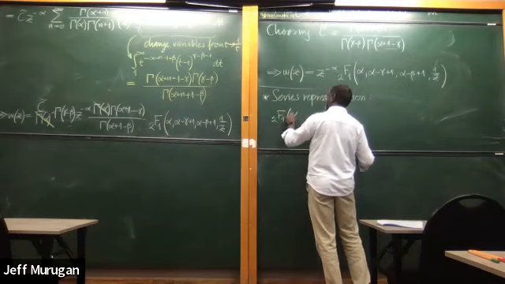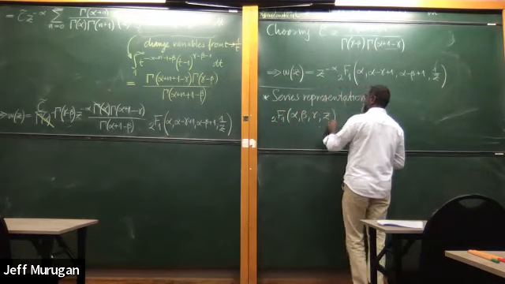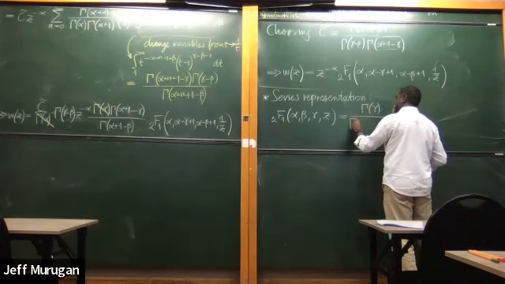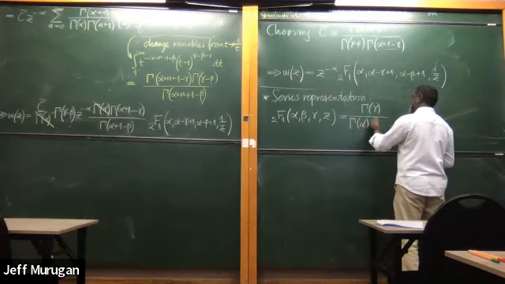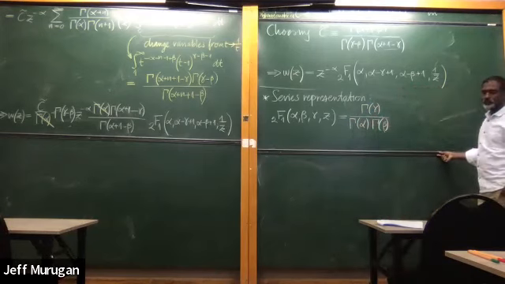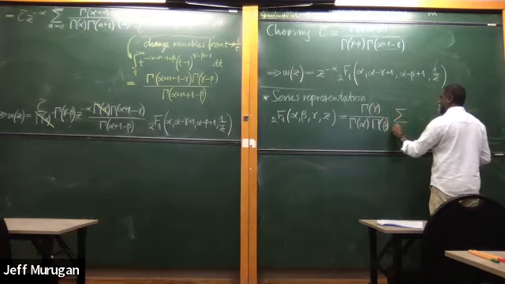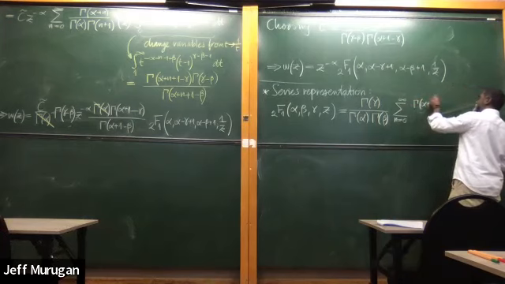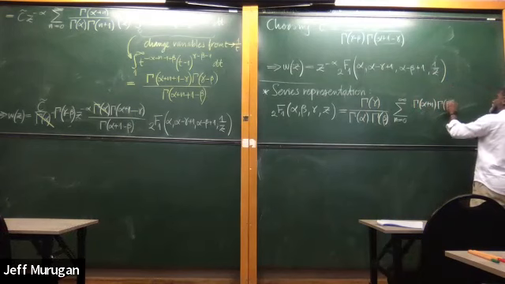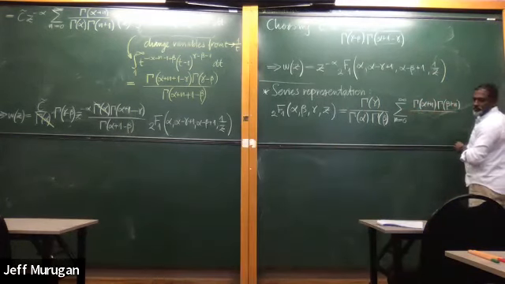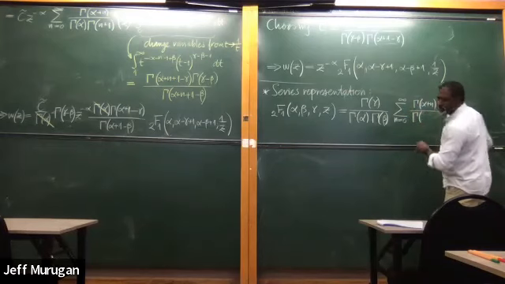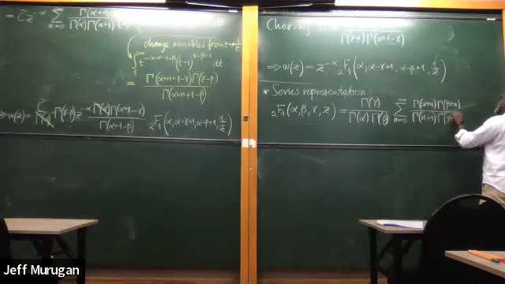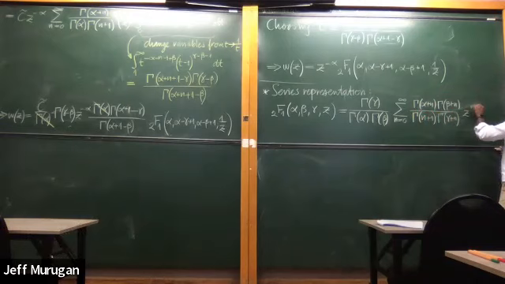Namely, that's 2F1 of alpha, beta, gamma, z, can be expanded in the series Gamma(gamma) over Gamma(alpha) Gamma(beta) times the sum from n equals 0 to infinity of Gamma(alpha plus n) Gamma(beta plus n) over Gamma(n plus 1) times Gamma(gamma plus n), all multiplying z to the n.